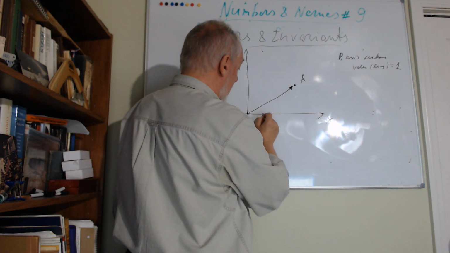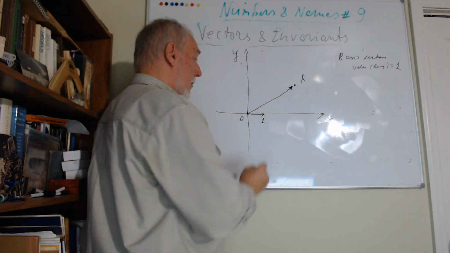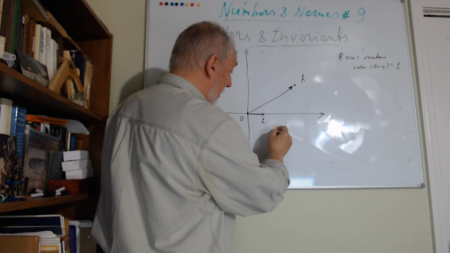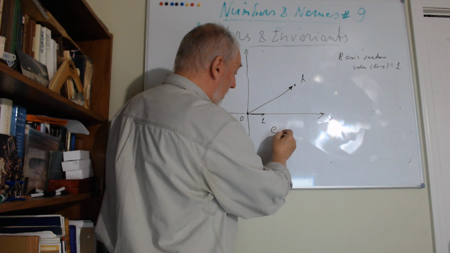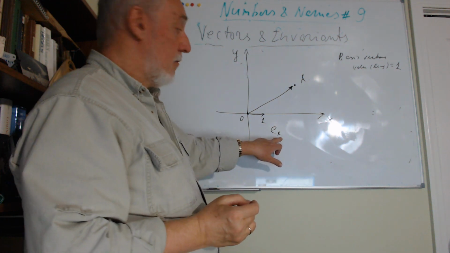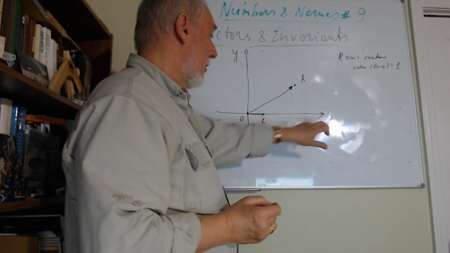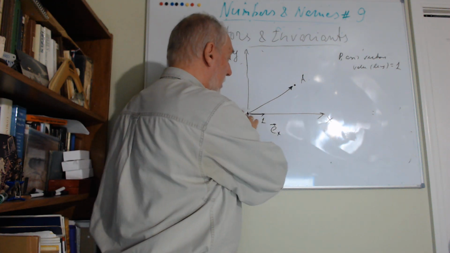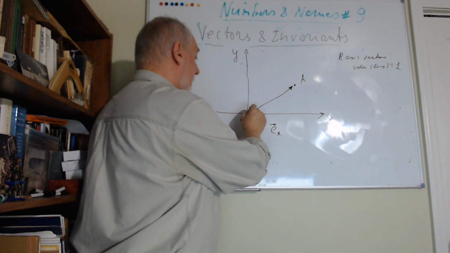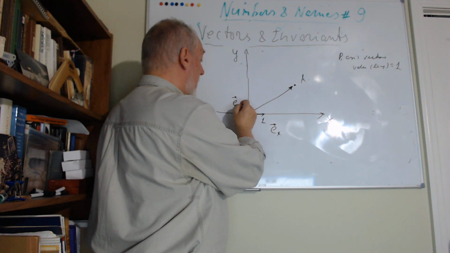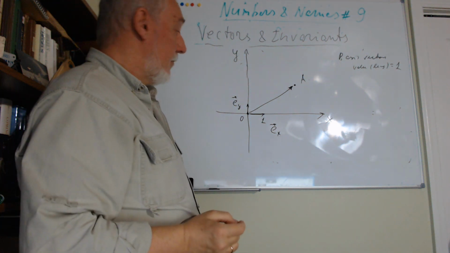So it is like this, 1. This is called a basis vector, and this vector is usually denoted like e_x. X is an index. It means that this is the vector with the direction along axis x. And here we have, of course, e with the index y, right?